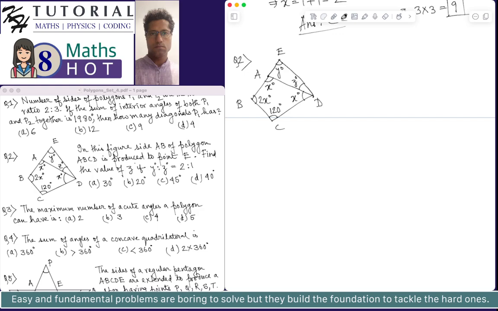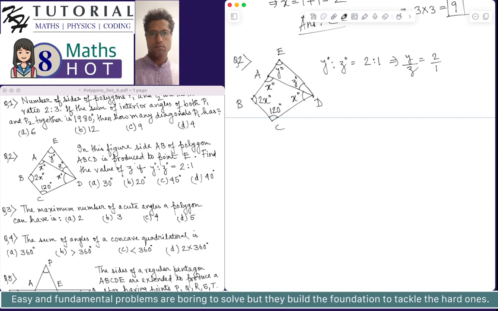So y by z is equal to 2 by 1. We have to find the value of z.